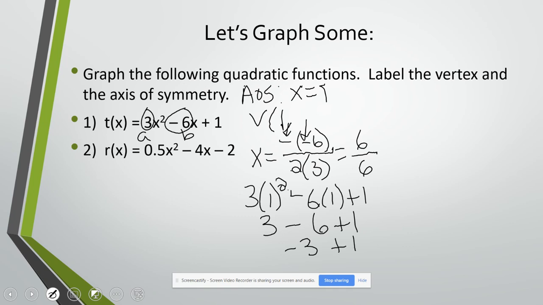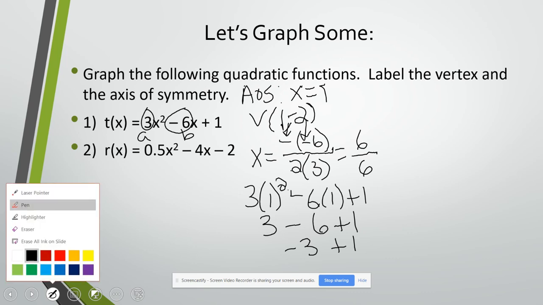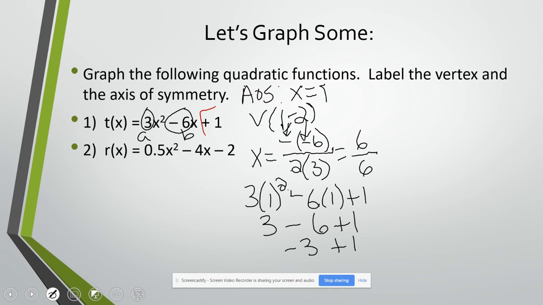Negative 3 plus 1 is negative 2. So our vertex is at 1, negative 2, and our axis of symmetry is at x equals 1. The other thing that we know is that our y-intercept is at positive 1.